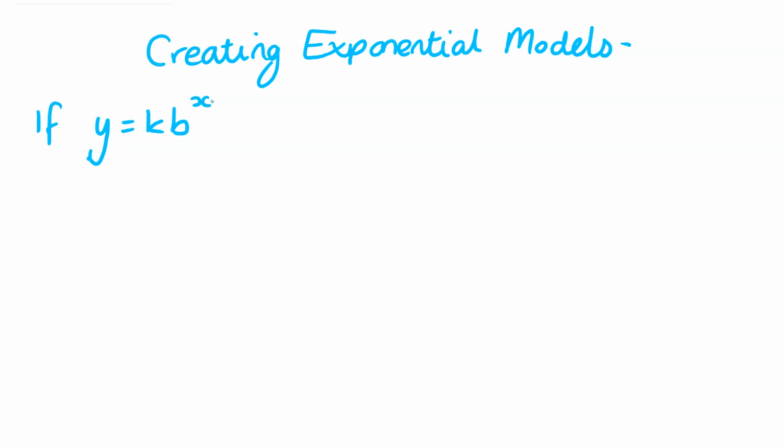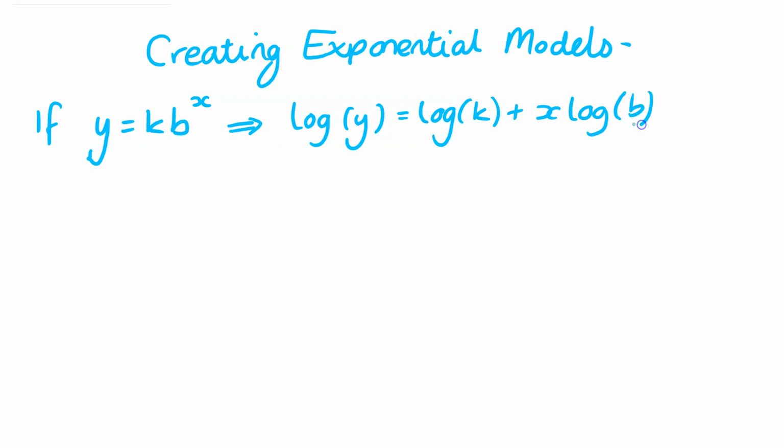And it follows that if you log both sides, then you're going to get log of K plus X log of B. And if you're not sure why that is, I recommend you go back and have a look at some rules for logarithms.